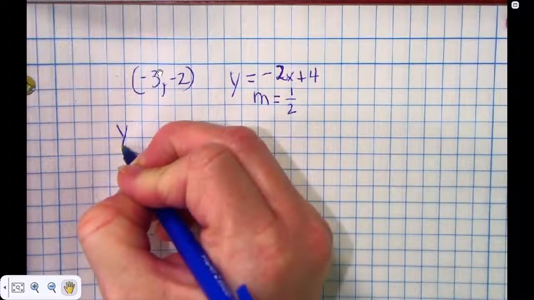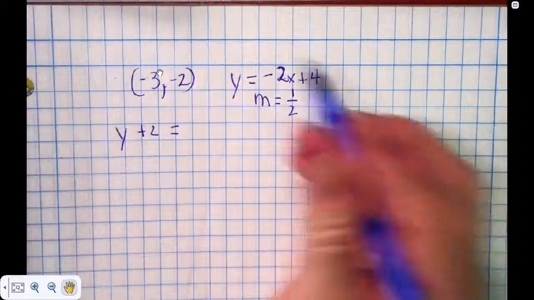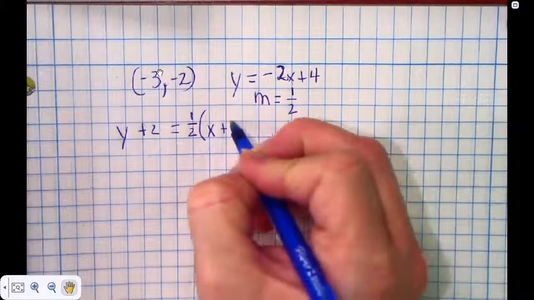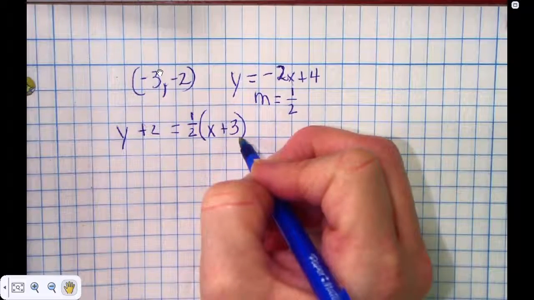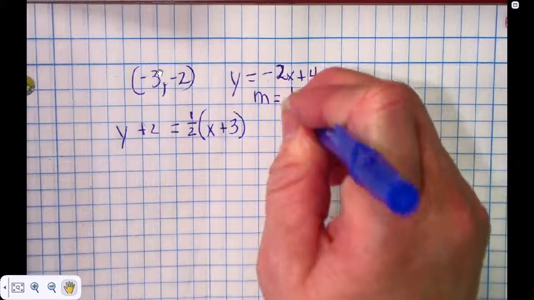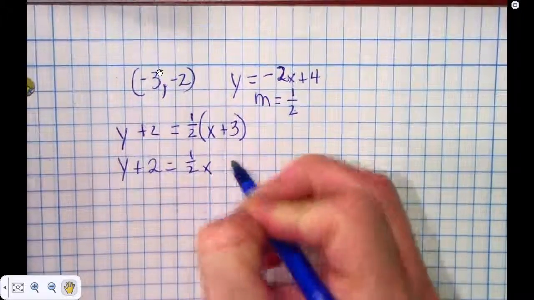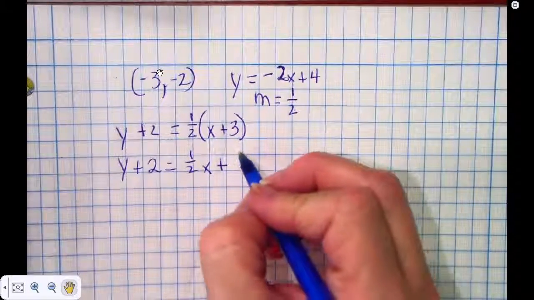So you go y plus 2 equals 1/2 x plus 3. Everybody see? Same thing, except the slope is a little bit harder to do. So y plus 2 equals 1/2 x plus, what do you want to write? 3/2 or 1.5?